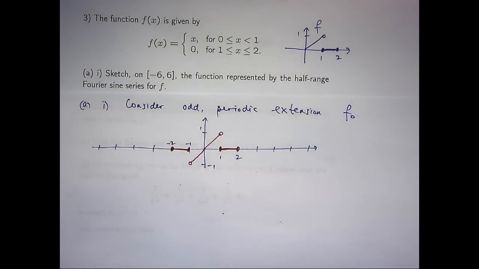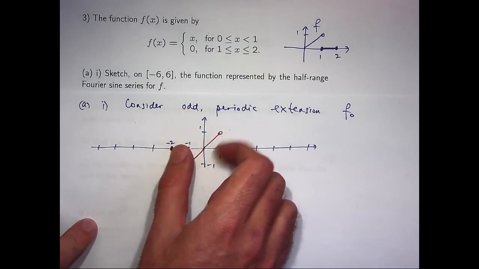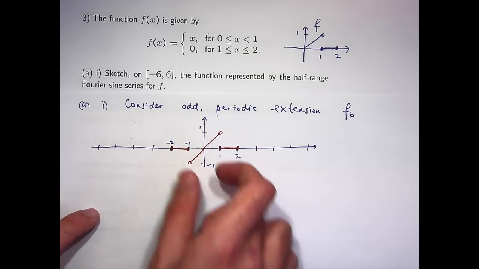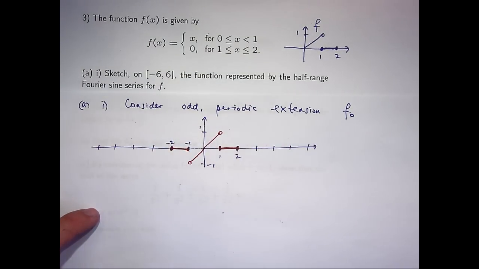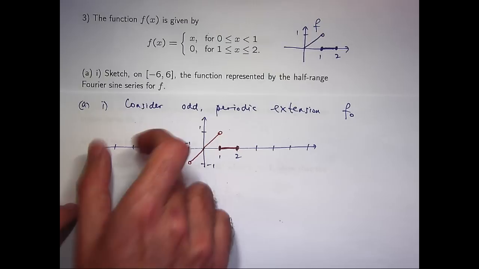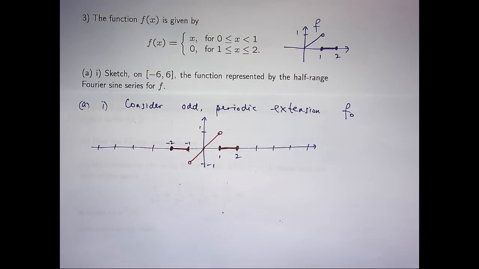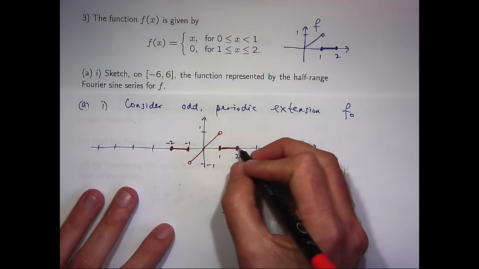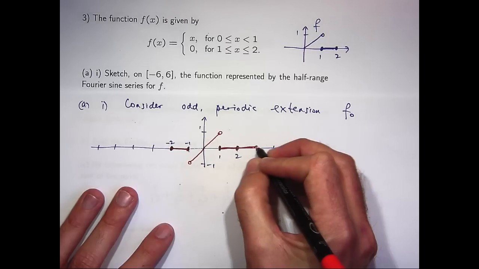So that's certainly an odd function now, but what we want to do is also make it periodic with period 4. So to make it periodic, what you do is you take the existing graph, copy it, move it 4 units and paste. Copy it, move it 4 units and paste. So if I do that, I'll get something like the following.